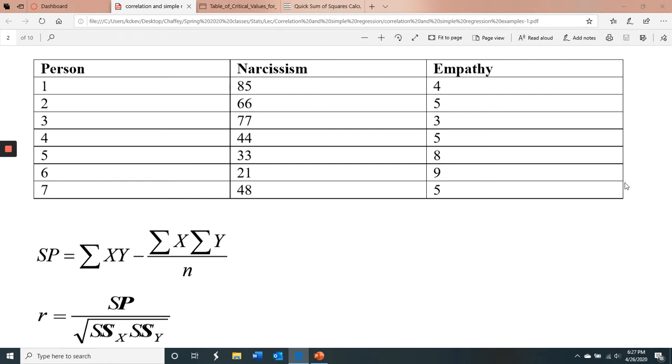The only other thing you need to do is use the online calculator to find the sum of squares for X and the sum of squares for Y. Go ahead and pause this video and solve for this Pearson correlation, and start the video when you are done with your problem.